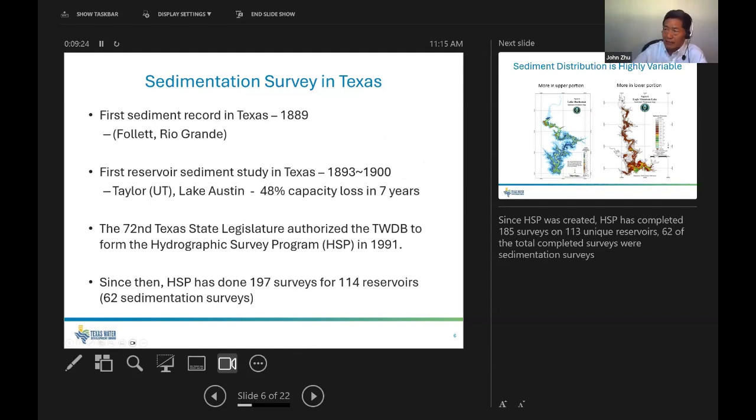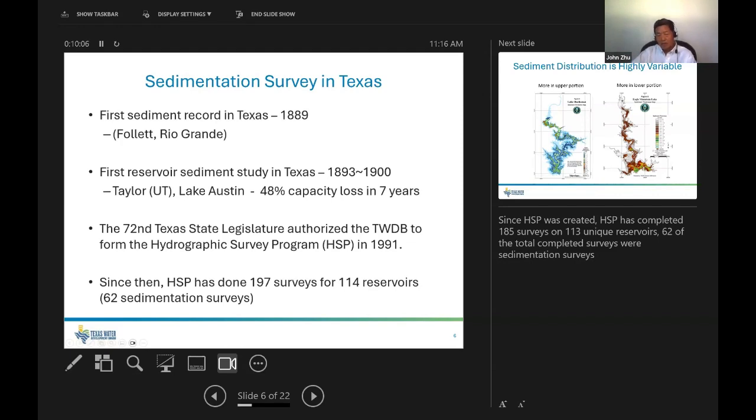Then the first reservoir sediment study in Texas was from 1893 to 1900, by the University of Texas, an author called Taylor. They studied Lake Austin and found 48% capacity loss in 7 years. So the original Lake Austin, without any other dam, had a very high sedimentation rate. But later on, many other lakes were built upstream, so Lake Austin may not have this type of sedimentation rate.